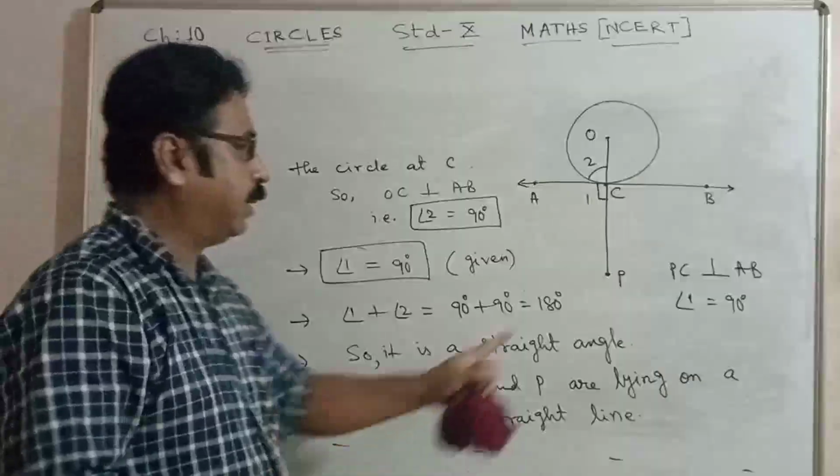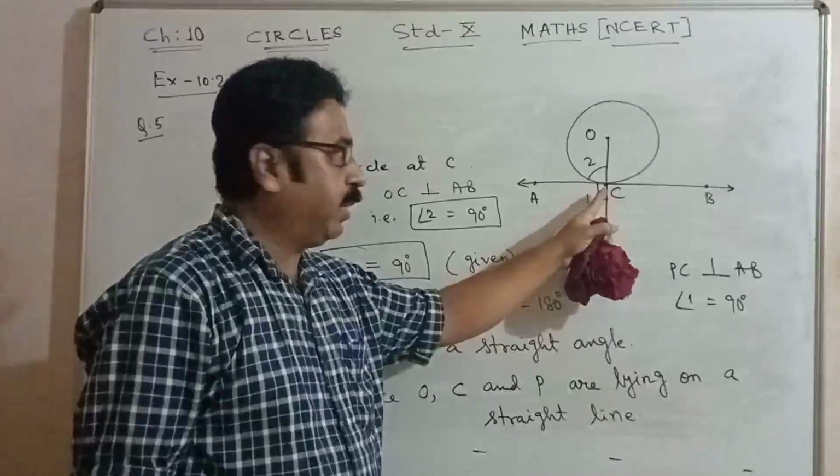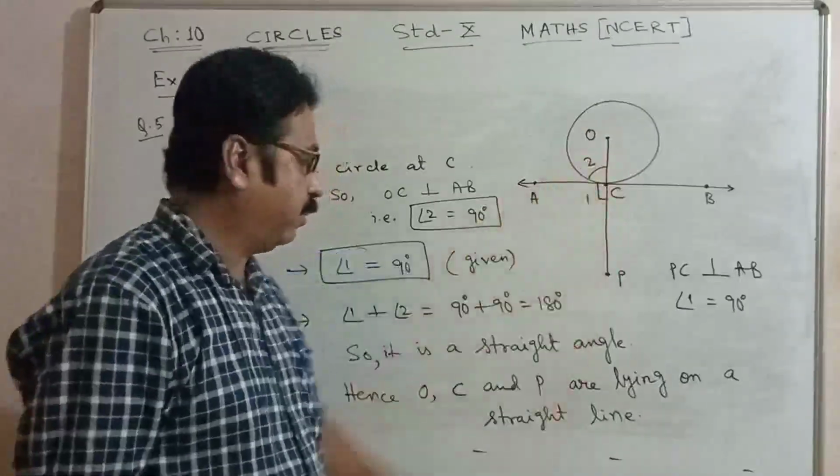Straight line means PC will pass through the center O.